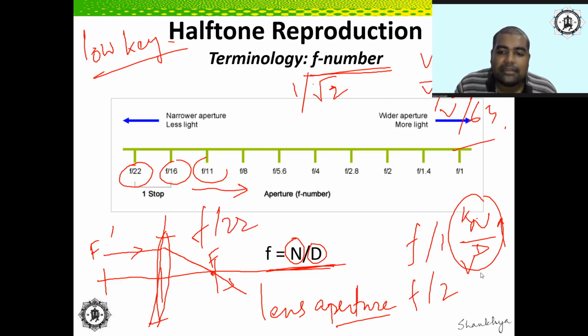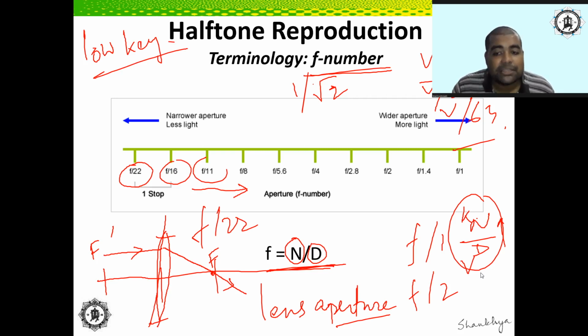Now, as I was saying, your exposure time is also controlled. Stop in other terms is also related to shutter speed. Depending upon your f number, you can automatically control the shutter speed, because opening up a lens by one stop allows twice as much light entering the lens and hitting the film.